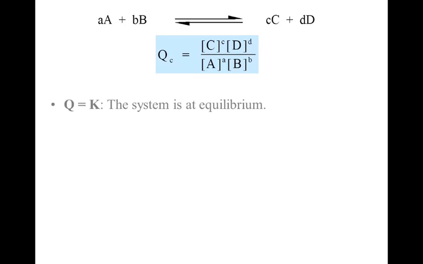Now, we have a couple other possibilities. If your Qc is too small compared to your Kc, I look at my Qc and think, this is too small, and what is this? This is my product. So it has a little bit more to go that way to reach equilibrium.